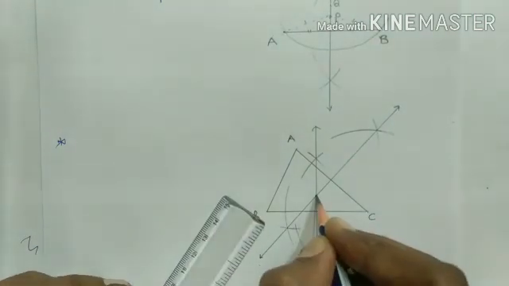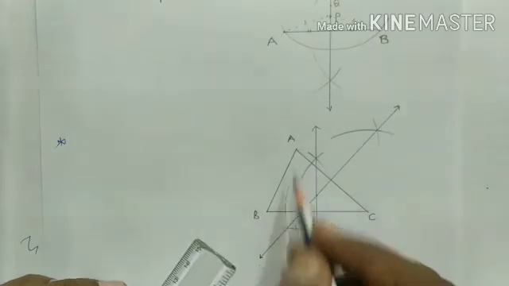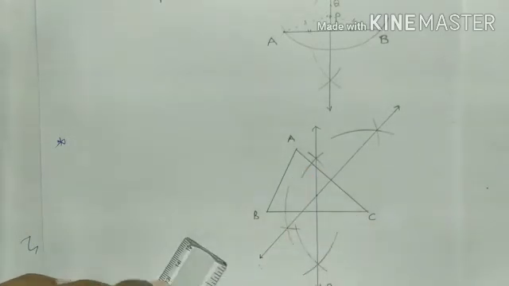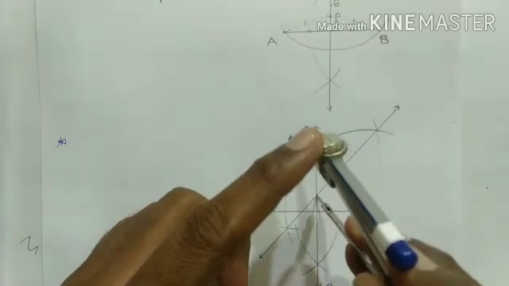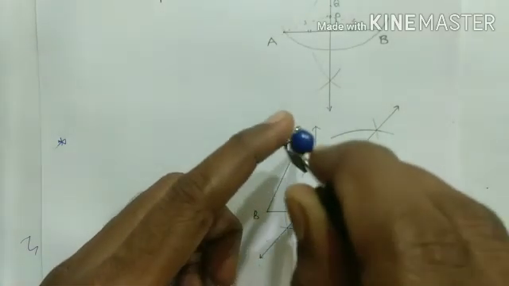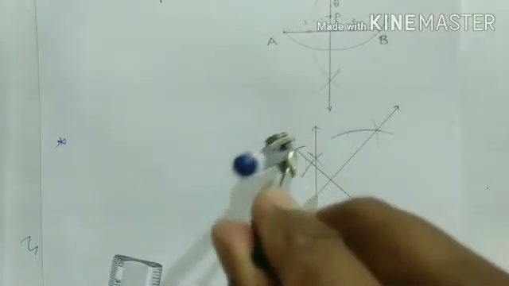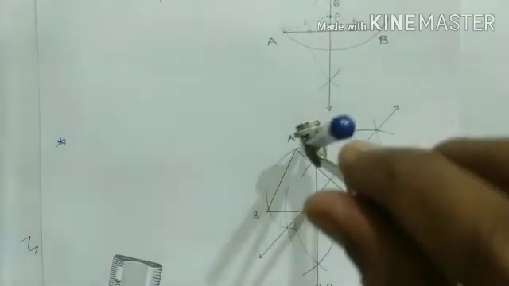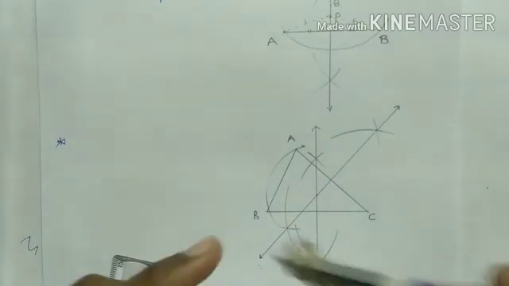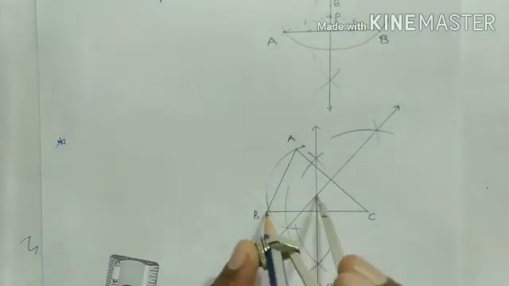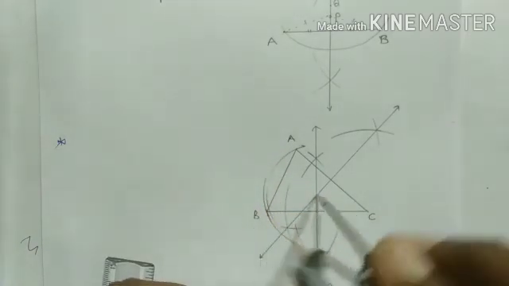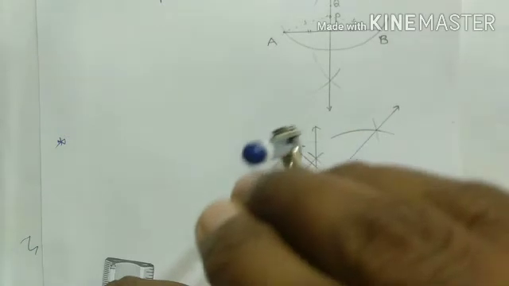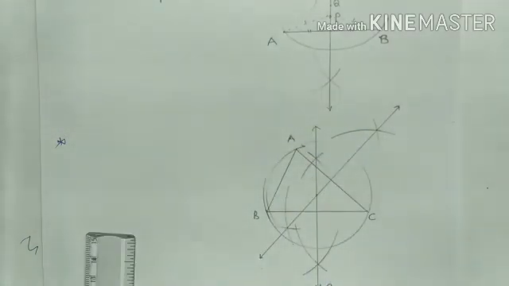Here this point is equidistant from the points A, B and C. When we take the distance from this point to any one vertex, then this circle passes through these 3 points. See, in this way, here this circle is passing through the points A, B and C.